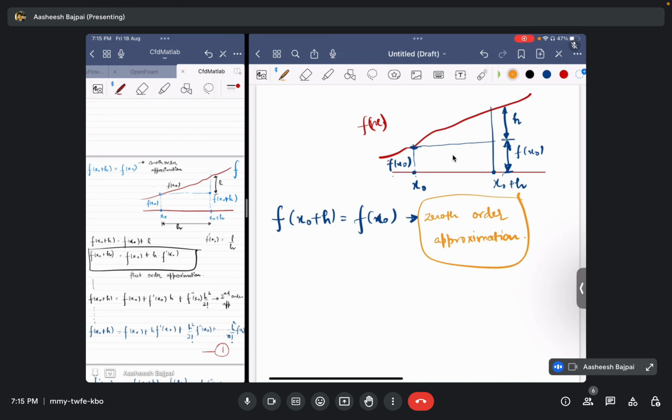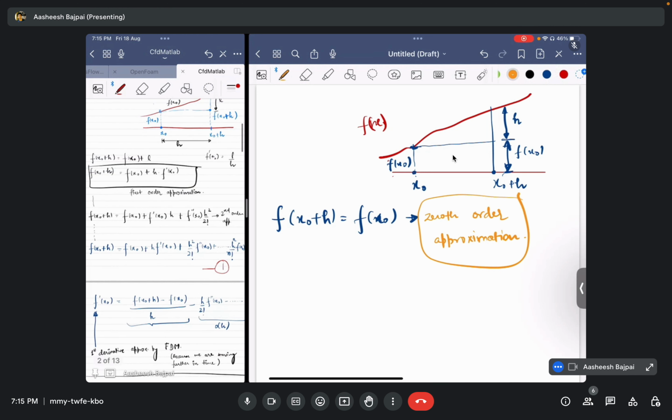What does this signify? That f(x) is constant. We are assuming this as a constant, or that there is very little difference between these two terms. That is why we are considering it as a constant. But in reality, it is not like that.